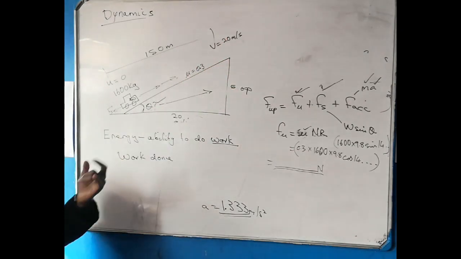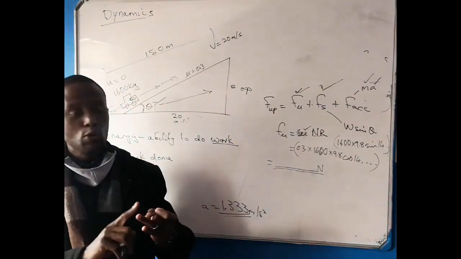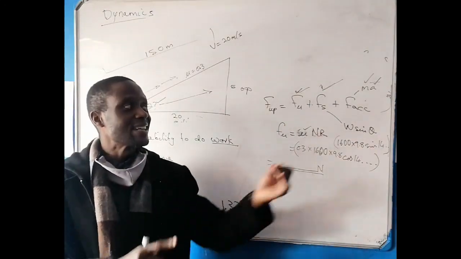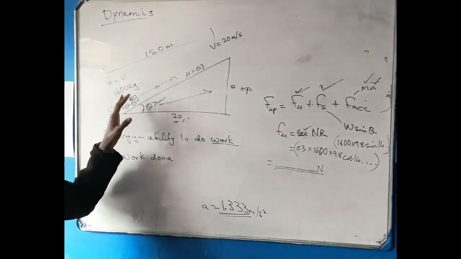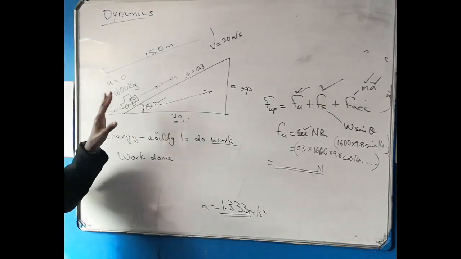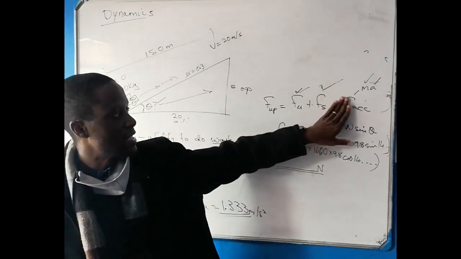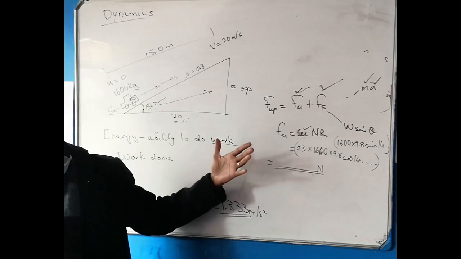The engine should produce a force that will overcome friction, overcome the sliding force, and then also accelerate the vehicle at this much. If the vehicle fails to do that, then all of this scenario will not happen. If the vehicle only produces this amount of force, then there will be no acceleration.